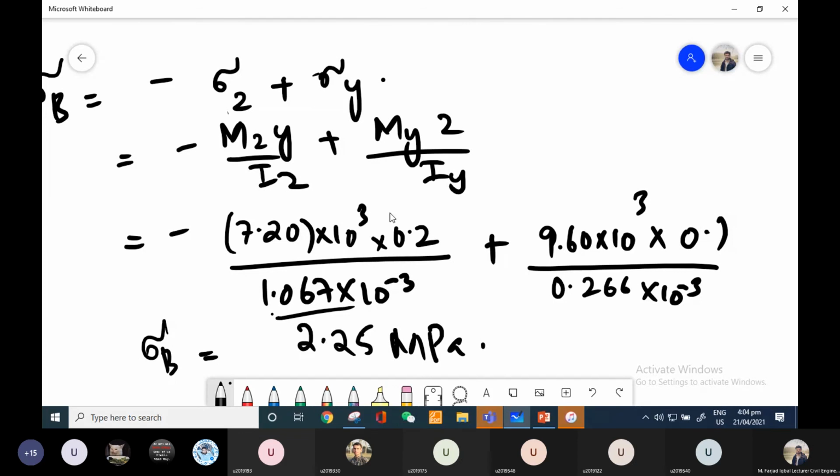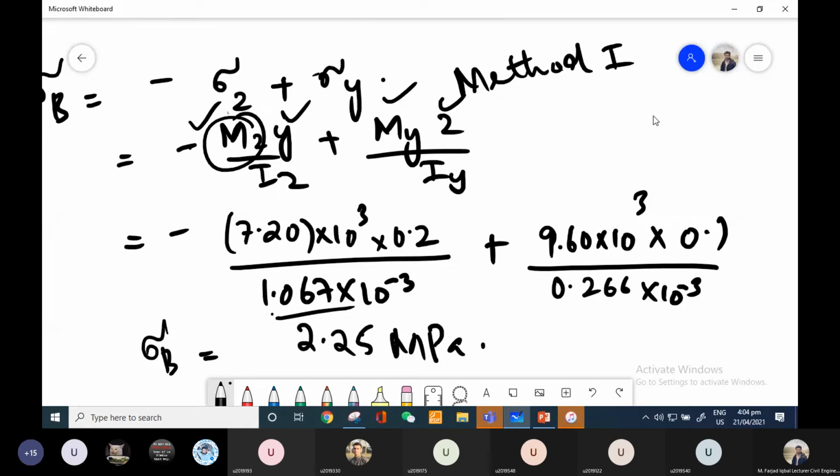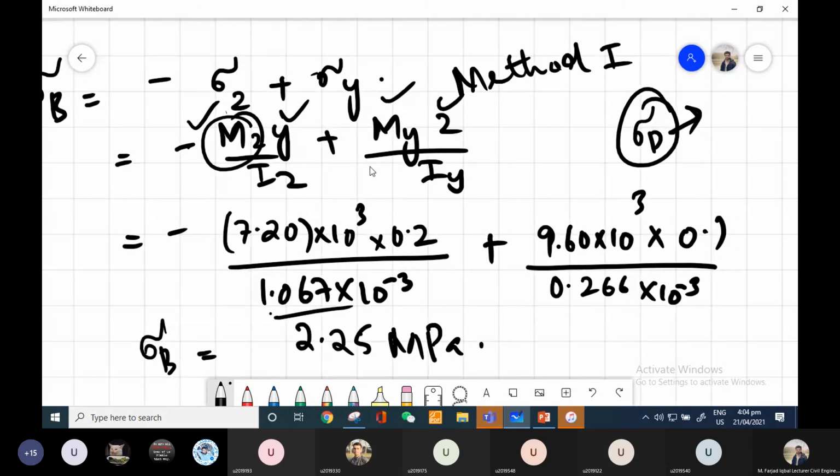The idea is that whether you take the sign convention based on the first method, in which you use the moment, or the second method, in which you fix the axis system and change the signs of these four variables, you are going to get the same answer for the stresses. Now I am leaving it up to you to calculate the stresses using both methods for sigma d, and you can check whether you are getting the same answers or not.